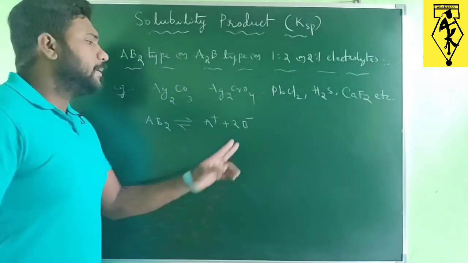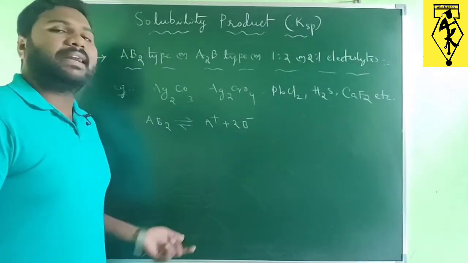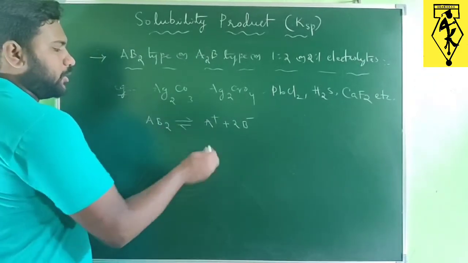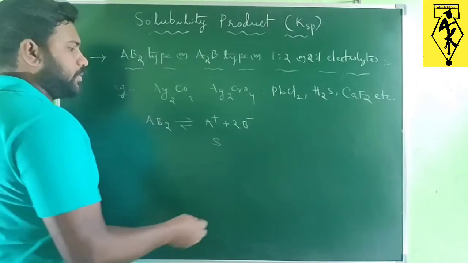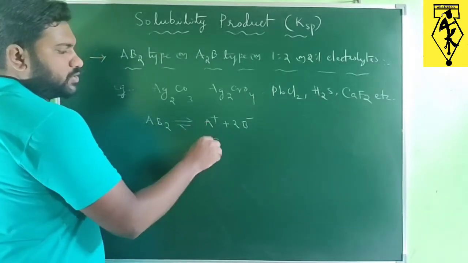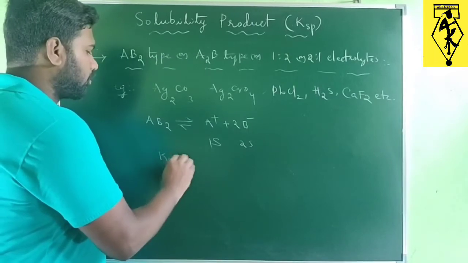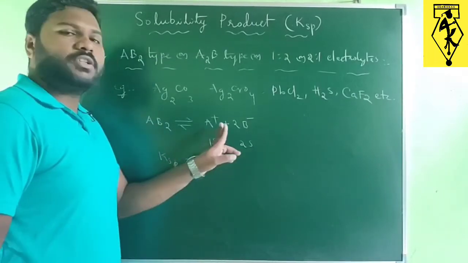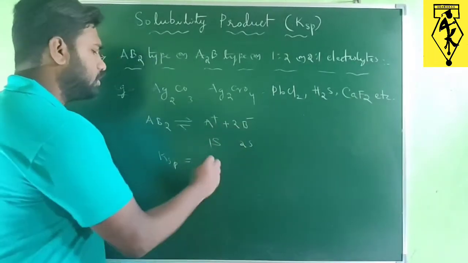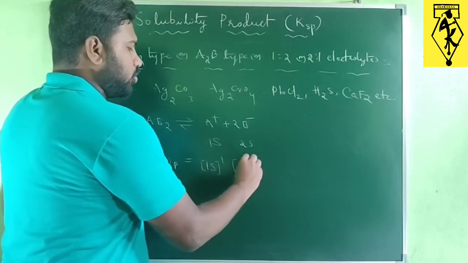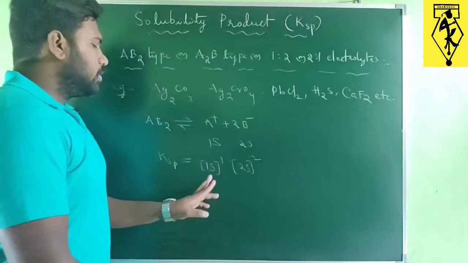Same here also. By two methods I am going to calculate Ksp and S. Let us take the solubility of this AB2 as S. The coefficient is 1, so 1S, and here 2S. Ksp is the product of the concentrations of these two, so (1S)^1 and (2S)^2.